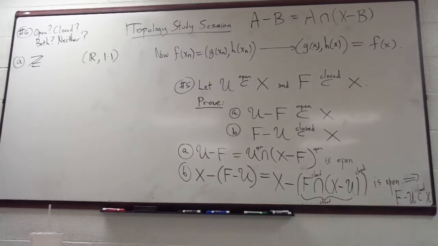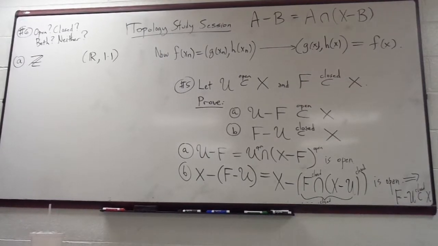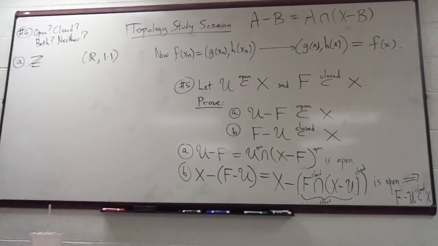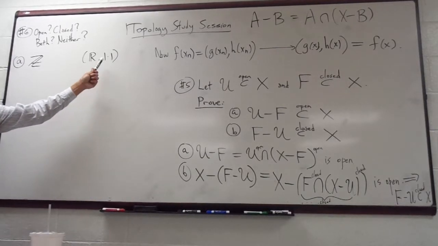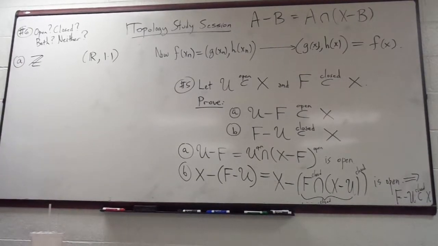And remember, if I used the discrete metric, everything would be open and closed, both, and we wouldn't even think about it, because singletons are open, so everything's open, and therefore everything is also closed. But here I'm using the absolute value metric, so it's a little different.